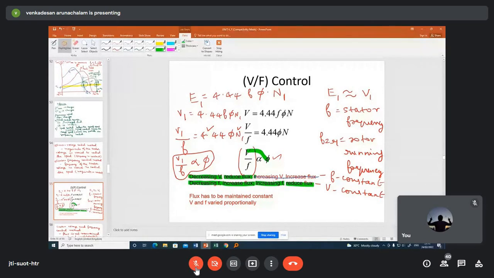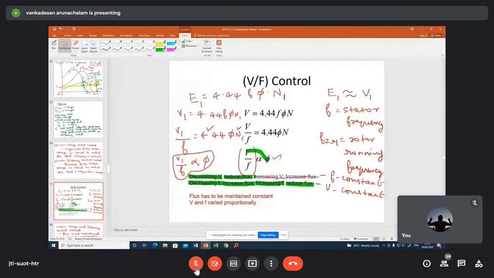The net output will decrease, which decreases the efficiency. When you operate the machine above the rated flux, you have unnecessary flux more than the requirement. It produces a heating effect in the ferromagnetic core, which increases the core loss. Again, that reduces the efficiency of the machine.